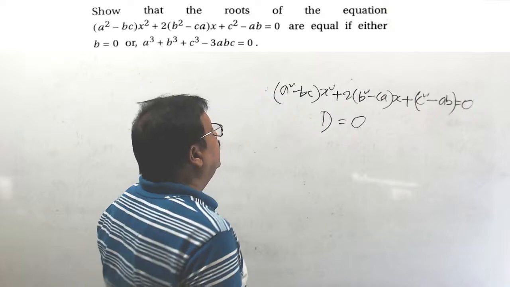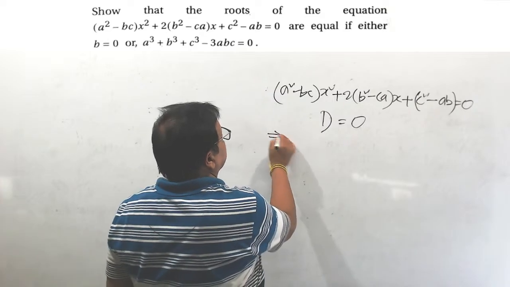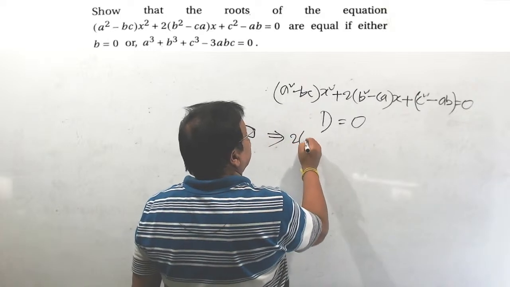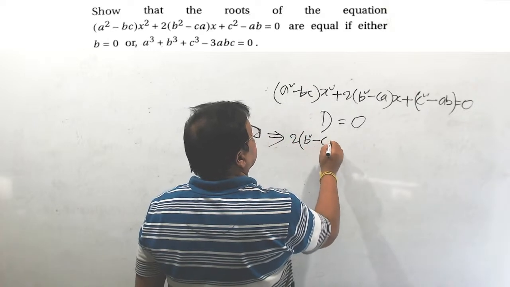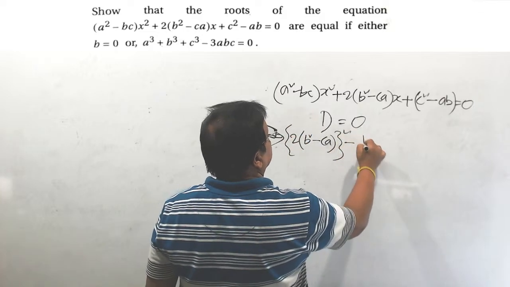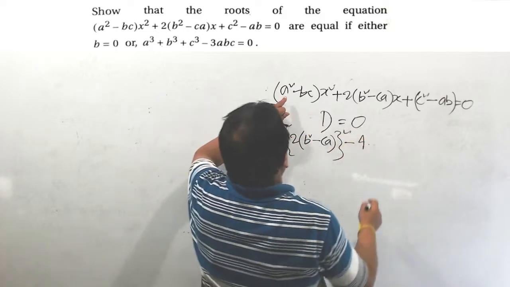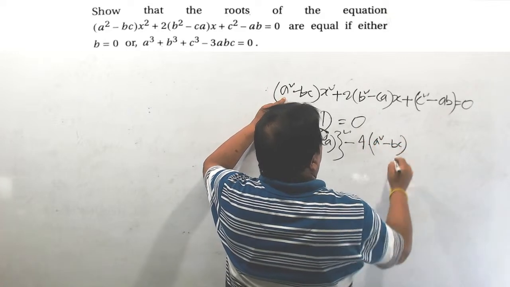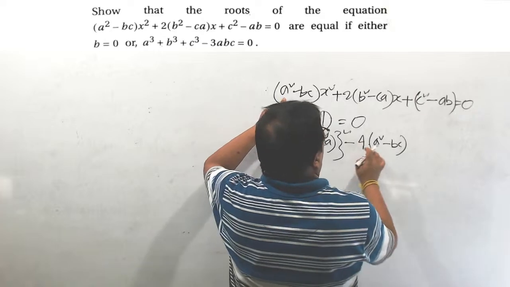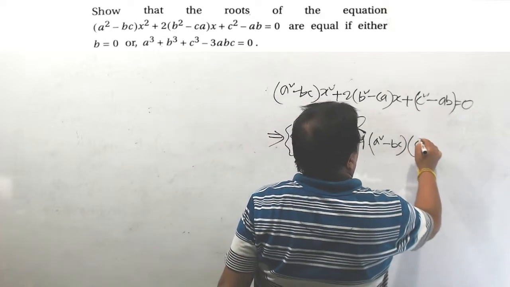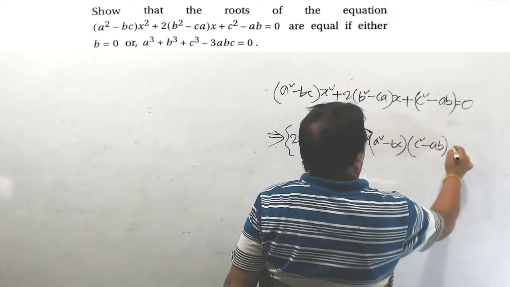Then of course the discriminant is equal to 0. Understood? This implies b square minus 4ac, that is, 2 into (b square minus ca) whole square minus 4 into (a square minus bc) into (c square minus ab) equal to 0.